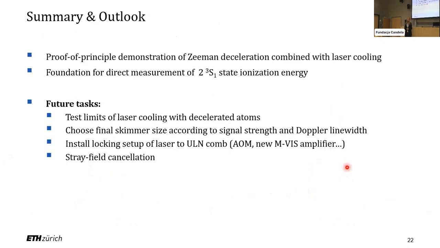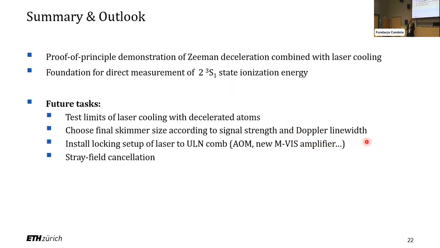Okay, to summarize, I wanted to show you that this method of combining Zeeman deceleration and laser cooling works to manipulate our atomic beam, so that we can then use it for direct measurement of the ionization energy of the triplet 2s state. In the future, we have to further test the limit of our laser cooling with the decelerated atoms.